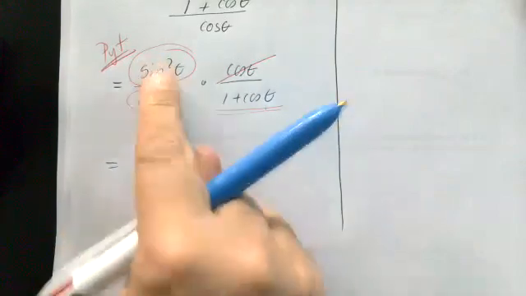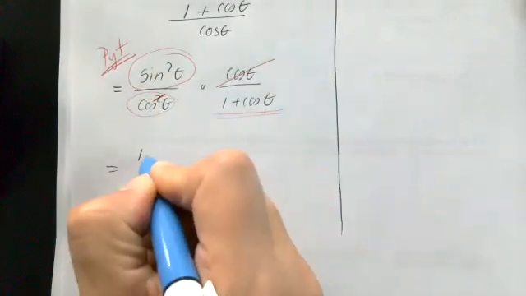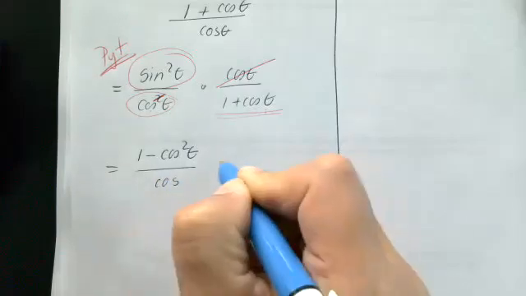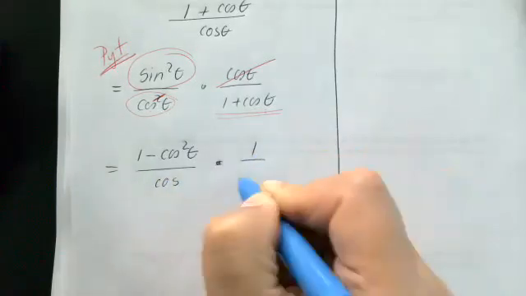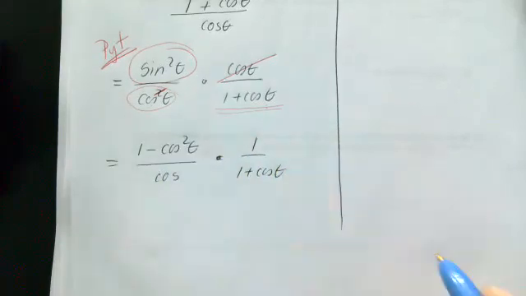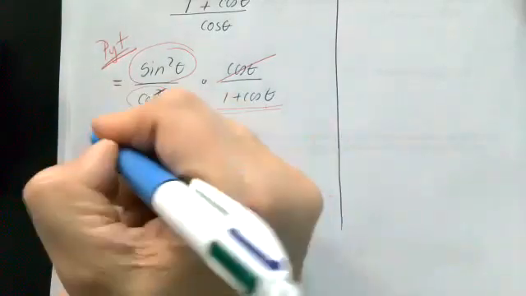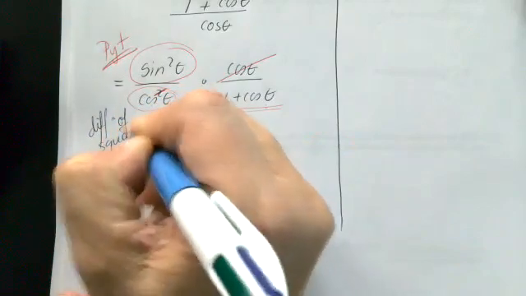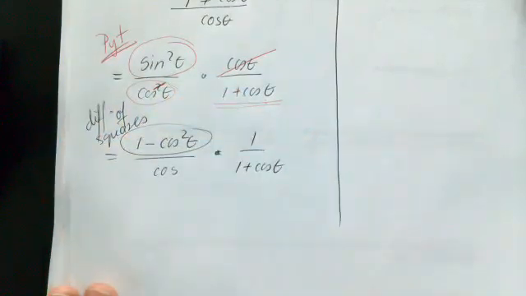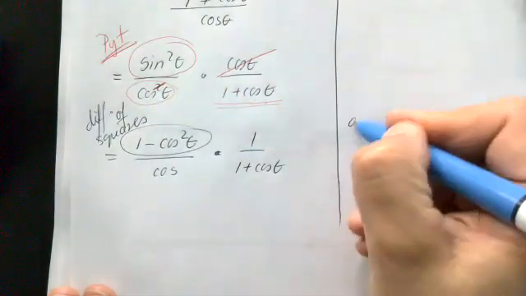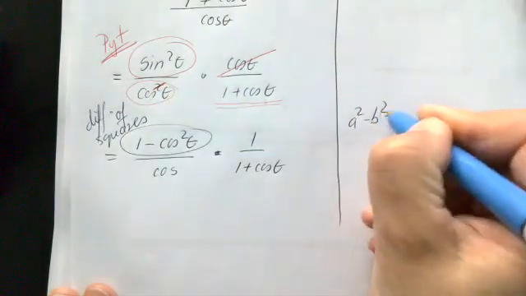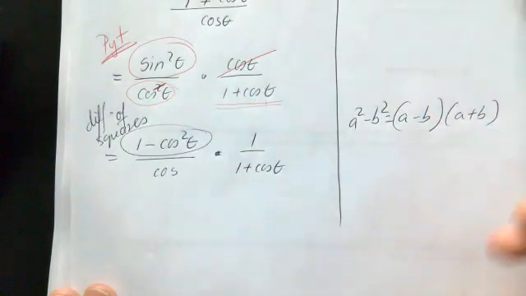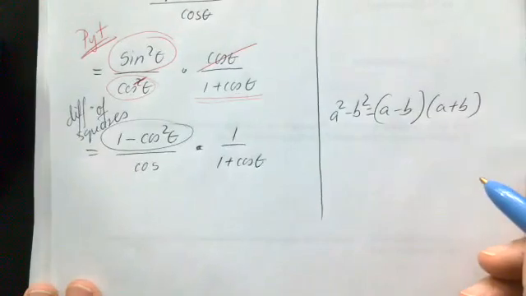We're going to write sine squared theta as 1 minus cos squared theta over cos times 1 over 1 plus cos of theta. And this is what we call a difference of squares. It's the formula a squared minus b squared equals a minus b times a plus b. That's the difference of squares factorization.